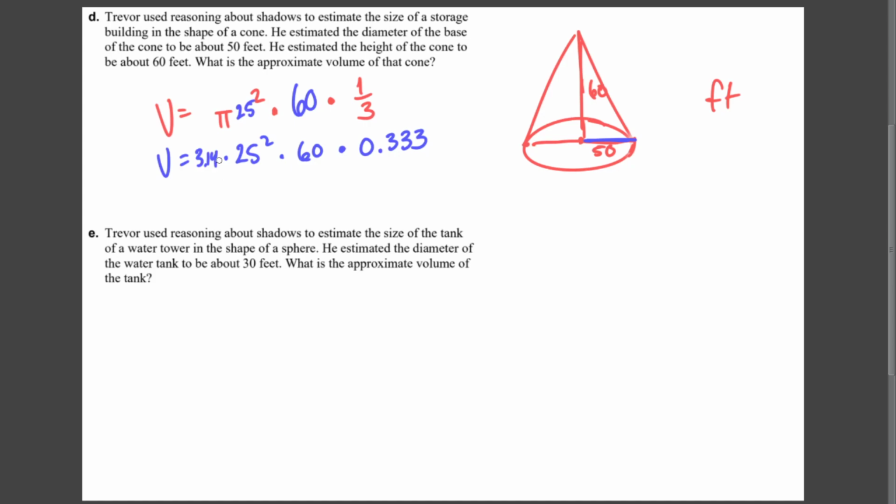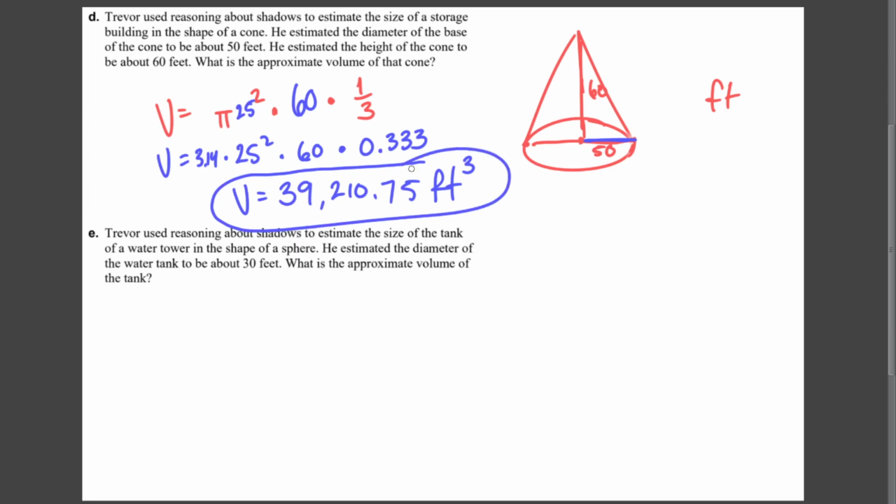I got 3.14 multiplied by 25 times 25 again, because it's squared, multiplied by 60, multiplied by 0.333 equals, and we get a volume of 39,210.75 cubic feet, because we're talking about volume. And there's our final answer, 39,210.